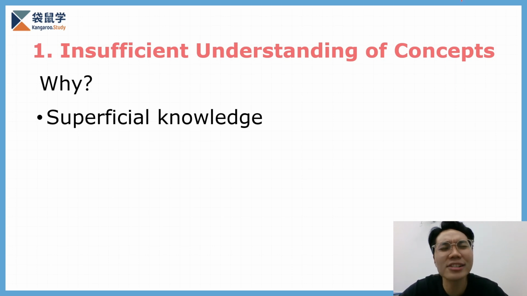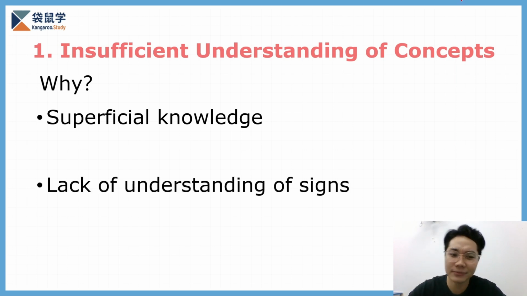I tell you, why do you make these mistakes? You say, teacher, actually I know. I explain in class. You go like, yeah, I know. Then I ask you why. You like... So that means they actually don't know. You listen in class, you understand the concepts, you think you know, but you actually don't really understand well. Another reason, you don't understand the signs.